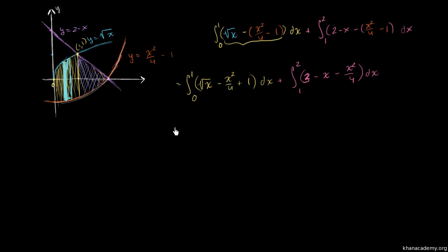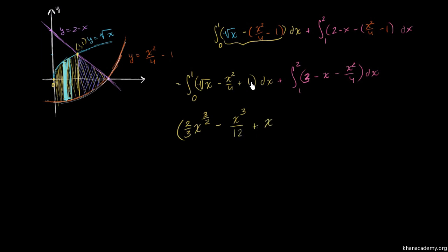The antiderivative of this: this is x to the 1/2. Increment the power by 1, you get x to the 3/2, and then multiply by the reciprocal of the new exponent, so it's 2/3 x to the 3/2. Minus the antiderivative of x squared over 4, which is x to the 3rd divided by 3 divided by 4, so divided by 12.